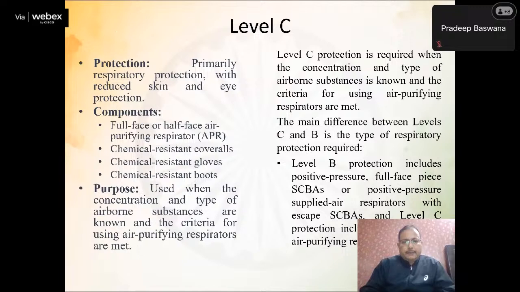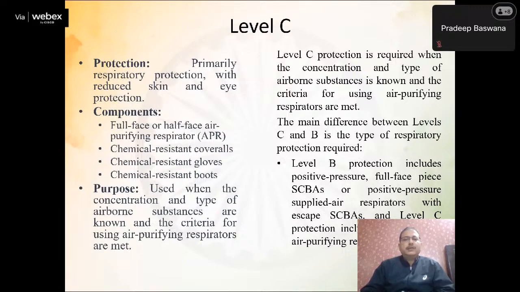Third is level C. The protection in this is primarily respiratory protection with reduced skin and eye protection. So it can be somewhat compromised. The components are full face or half face air purifying respirators, that is called APR, chemical resistant coveralls, chemical resistant gloves, and chemical resistant boots.